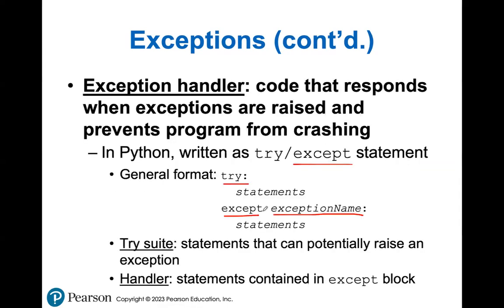So how that's going to happen is you're going to put try, and then inside of this, you're going to try to open a file, right, where the statements are. Then you're going to put except, and whatever exception name exists for the case whenever your file cannot open. After that, in those statements, you're going to print a simple statement that says, I cannot open the file, or computer cannot open the file.